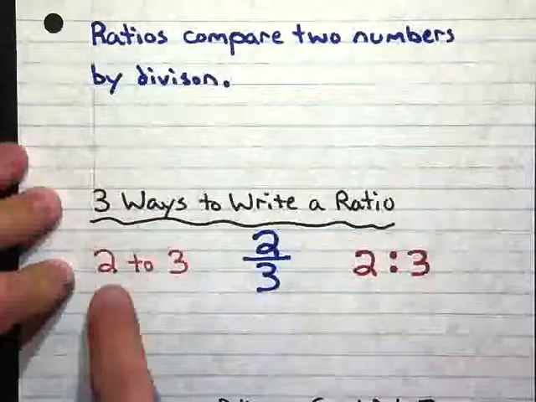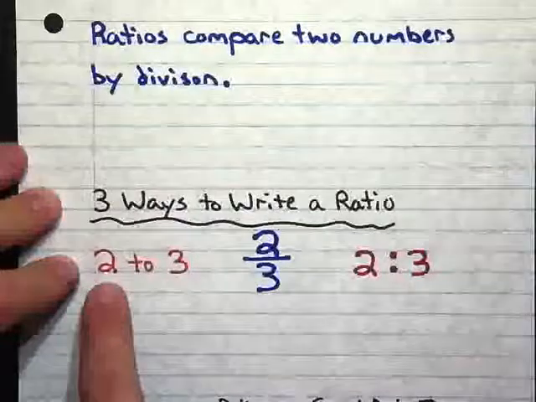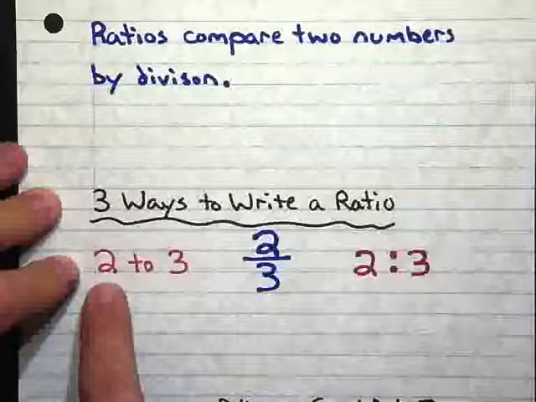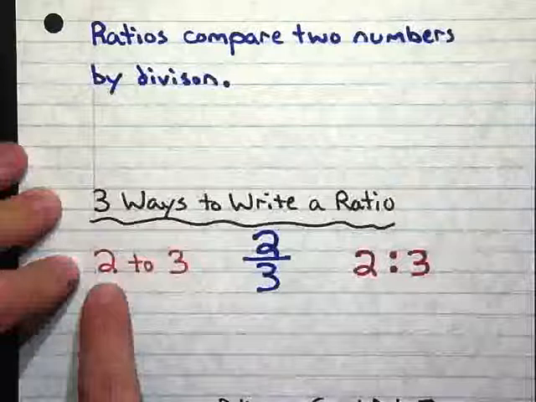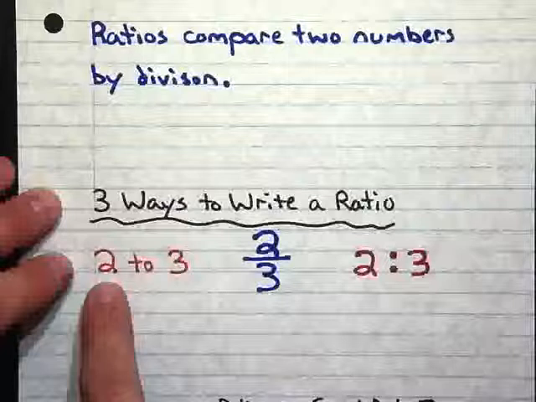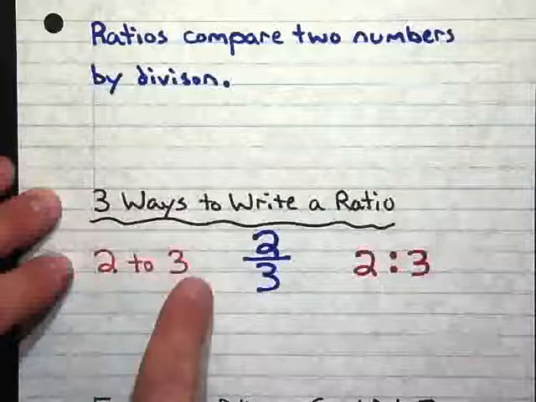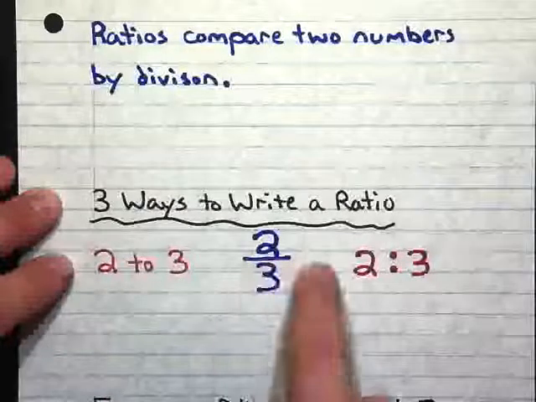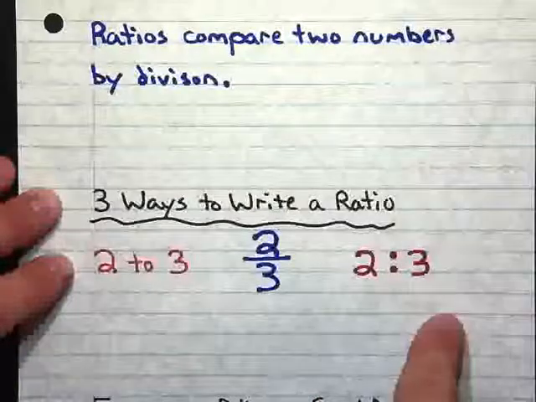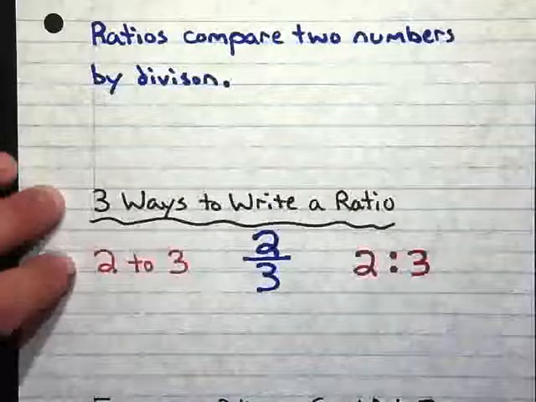We have 2 to 3, which is comparing, for example, if in a room there's 3 people and 2 of those are females and 1 is a guy, you can say the ratio of females to the total people in the room would be 2 to 3. Okay, and you can also write a ratio as 2 over 3 or 2 colon 3. Each one of these three mean exactly the same thing. There's just 3 different ways to write it.